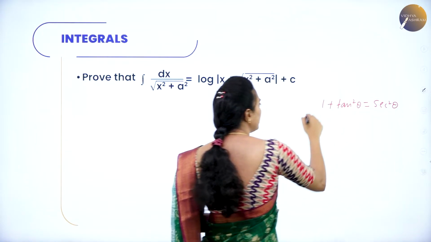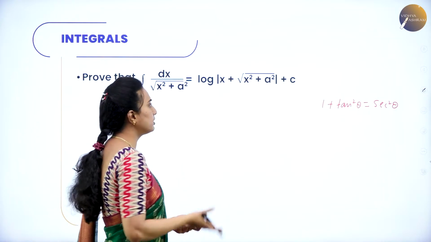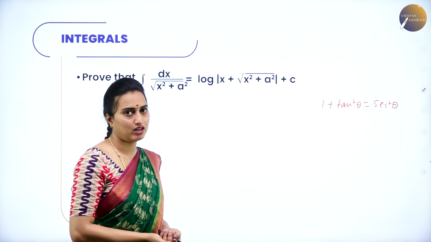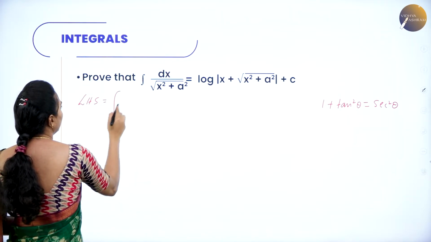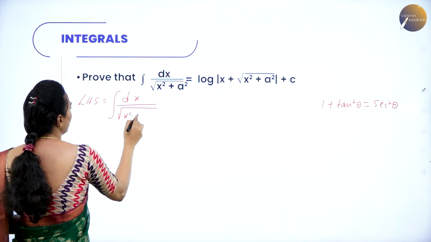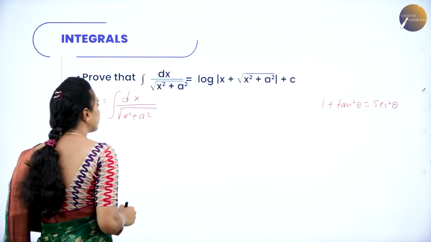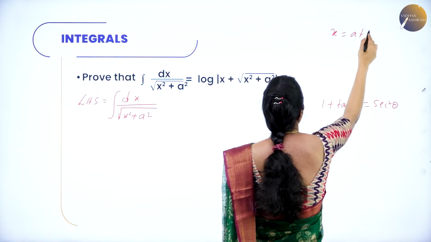Now if you assume this one as a squared plus x squared, you can substitute x is equal to a tan theta. Therefore, taking the left hand side.